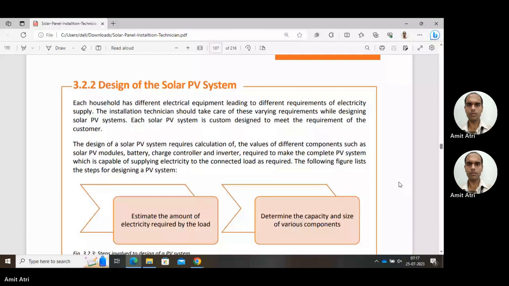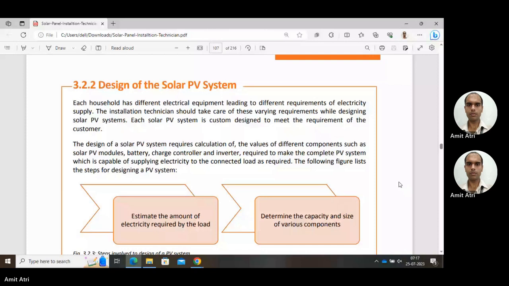So the steps involved here in the designing of a PV system. The first step is to estimate the amount of electricity required by the load. Means we have to initiate from the load. You have to calculate the load or the requirement of electricity. How much electricity is required? What is the consumption? If we are installing it in a house, then what is the consumption inside the house?